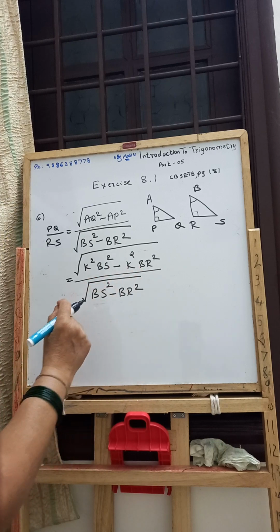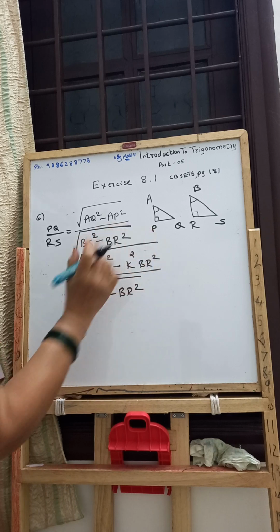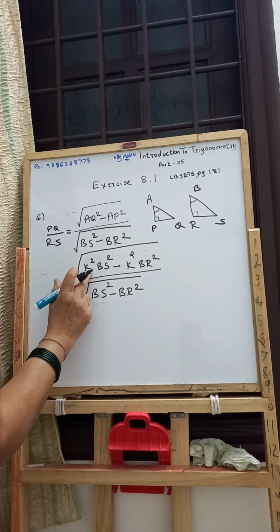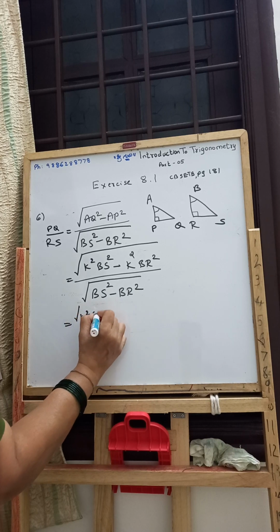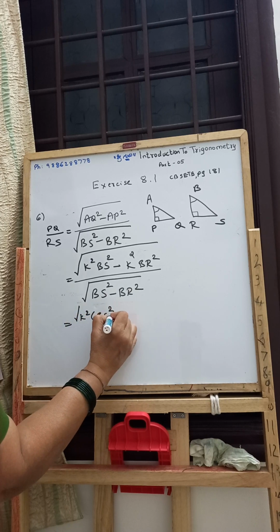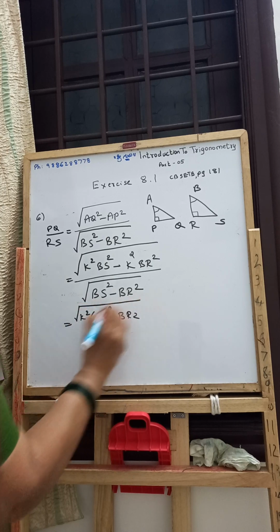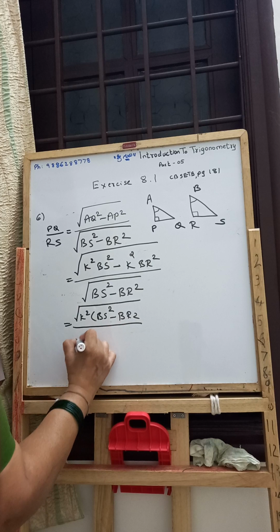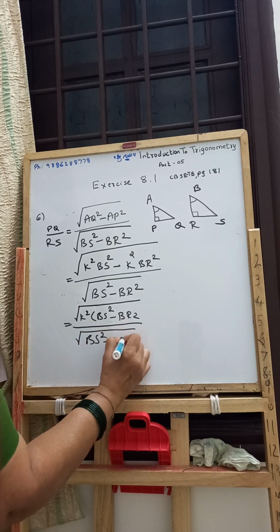Now we observe that in these two terms, inside this square root sign, K square is common. So taking K square outside, we are left with BS square minus BR square whole divided by square root of BS square minus BR square.